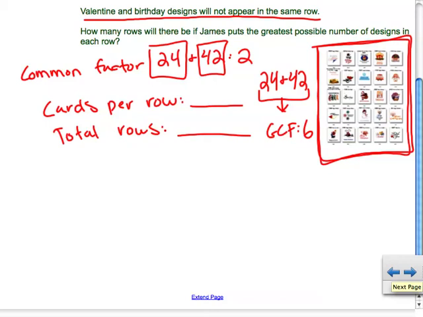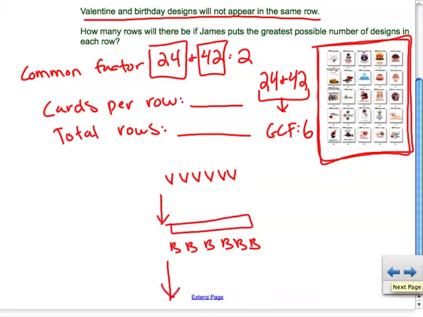Could I have Valentine's again, and then some of those, and then birthday, birthday, birthday, birthday, birthday, birthday, and have some of those, and then have my last rows be completely full? I don't want any blank spots here. I want everything to be full.